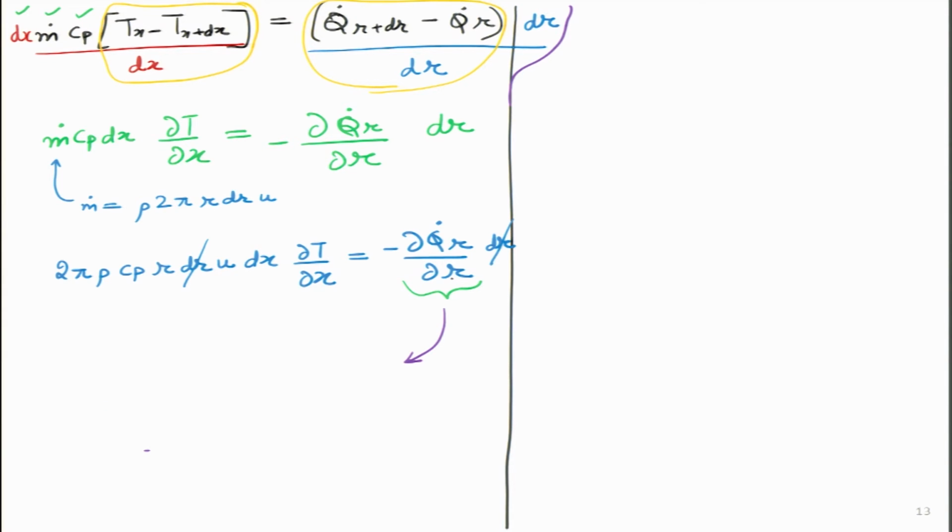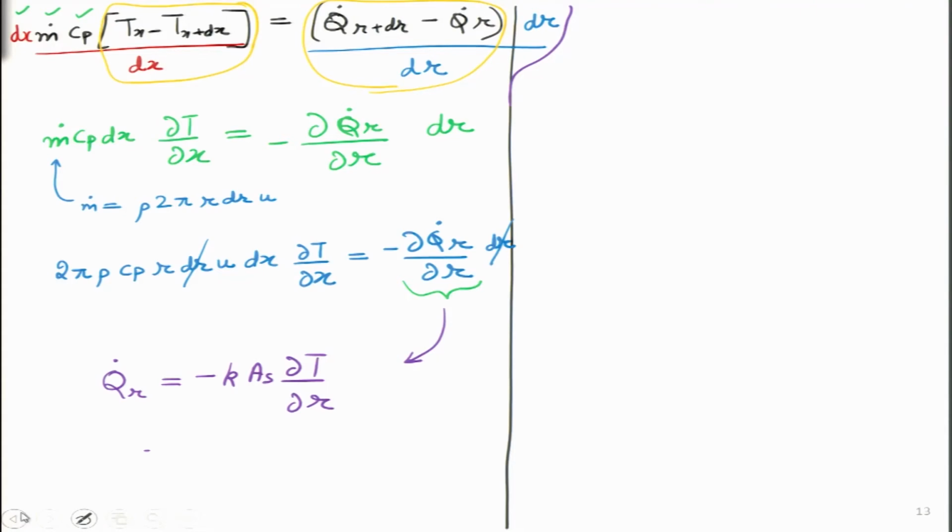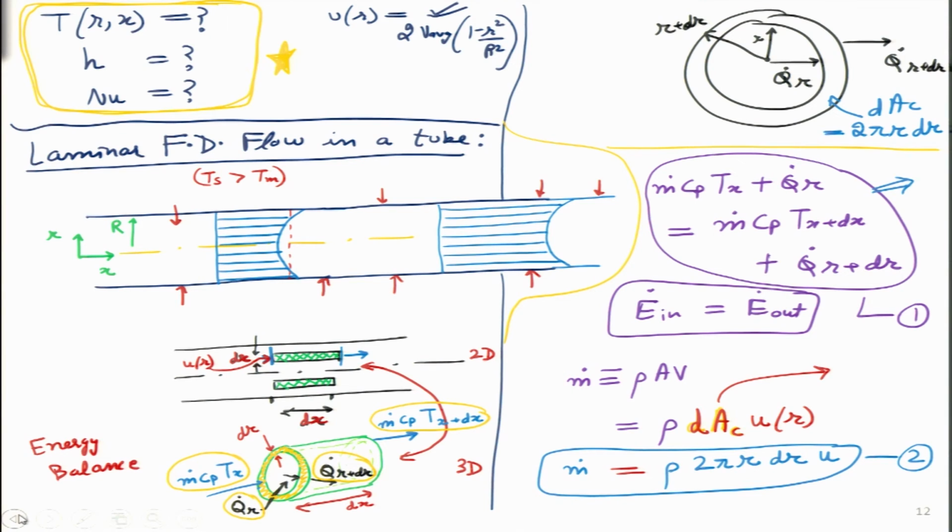So, how can I expand this term over here? If students remember q dot r from our conduction part, we could always write it like this. Right? This is simple Fourier's law in the cylindrical coordinate. So, this is simply minus K A del T by del r, and A over here is the surface area. Which surface area are we talking about? I can go back over here.